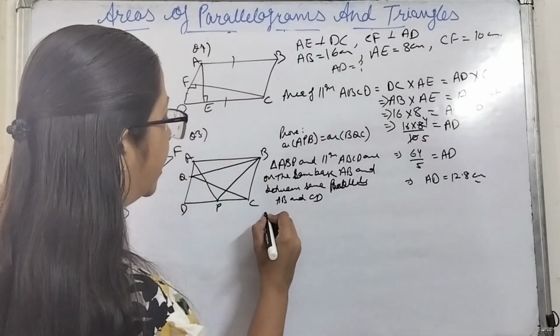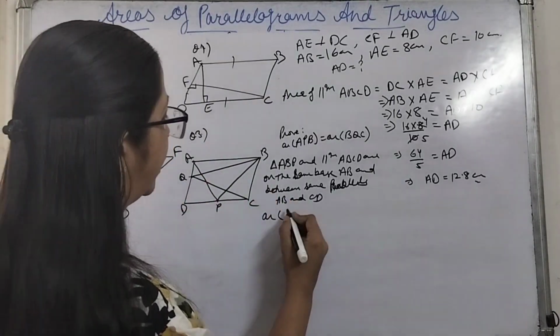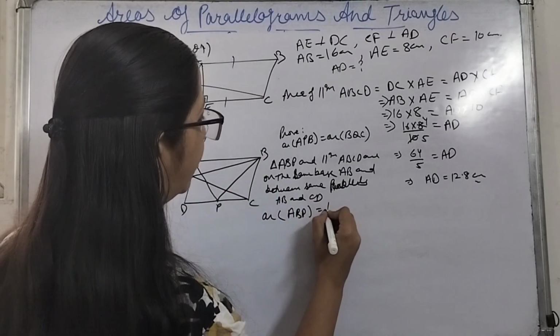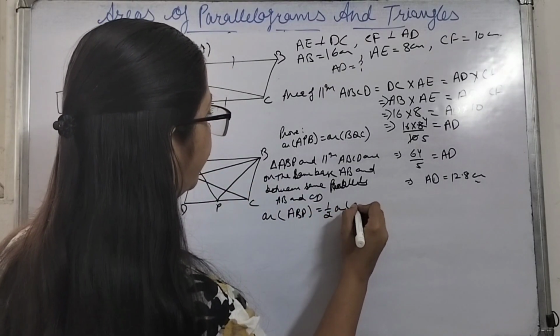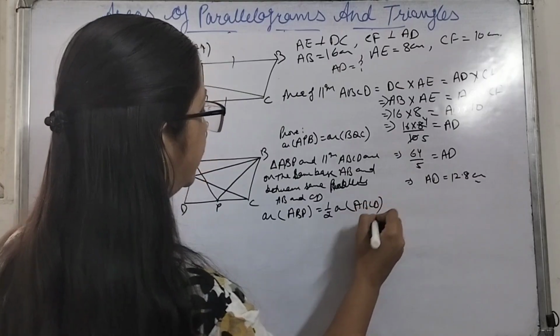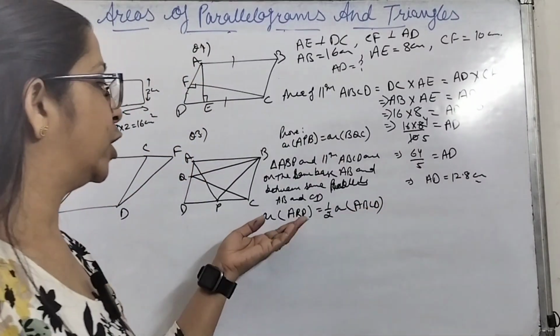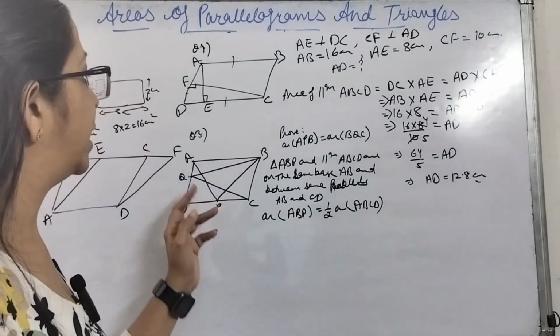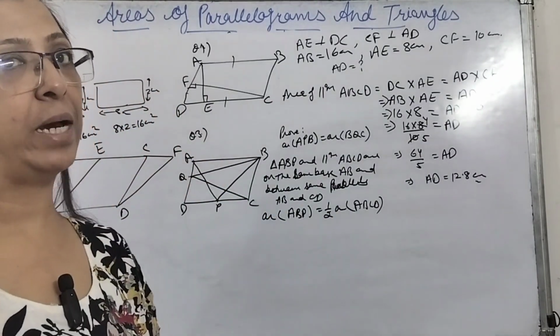That's the reason the area of triangle ABP will be half of the area of ABCD. Just now we have said that the area of a triangle is half of the area of the parallelogram if they both lie on the same base and between the same parallels.